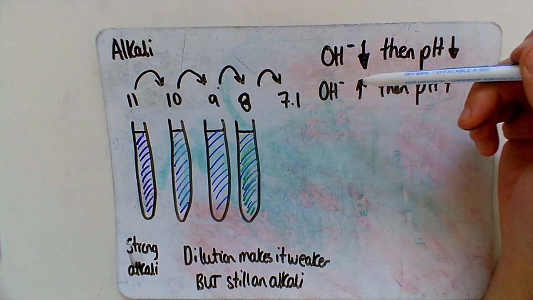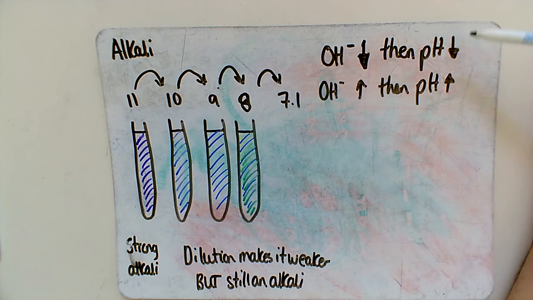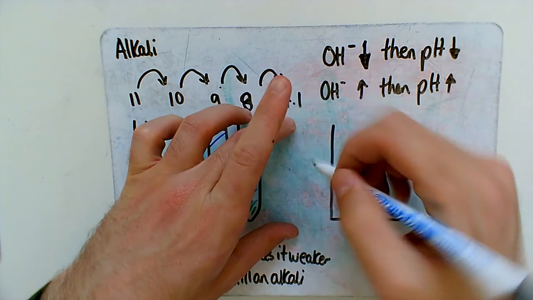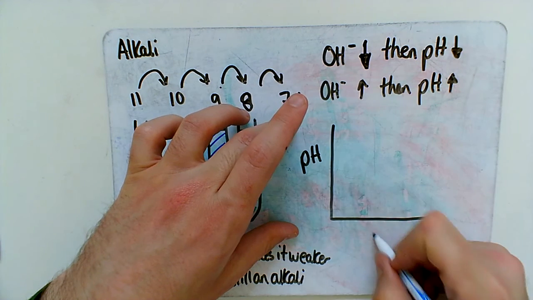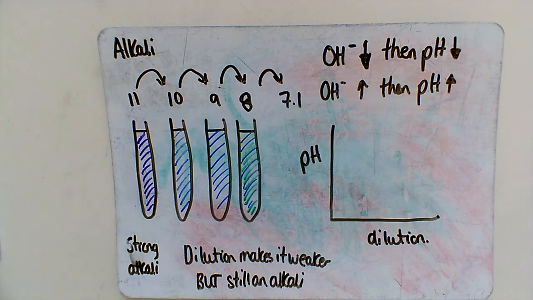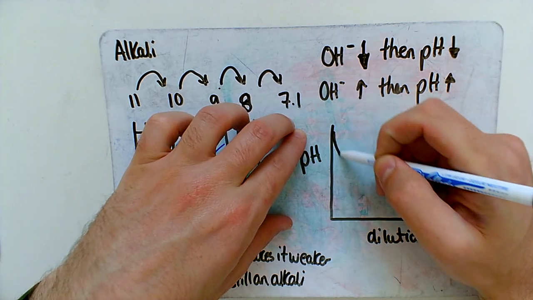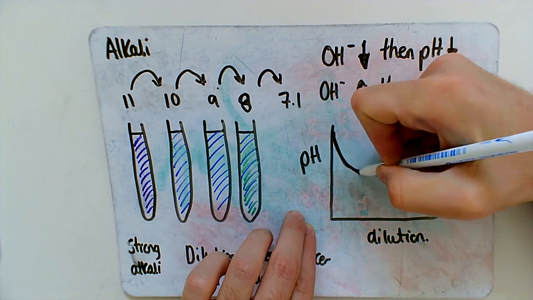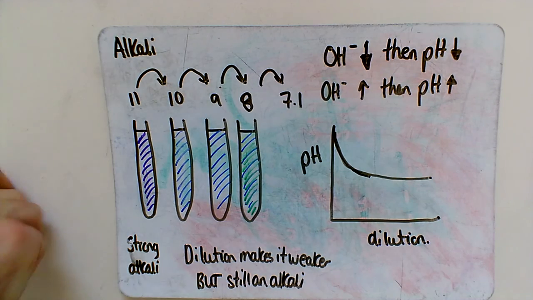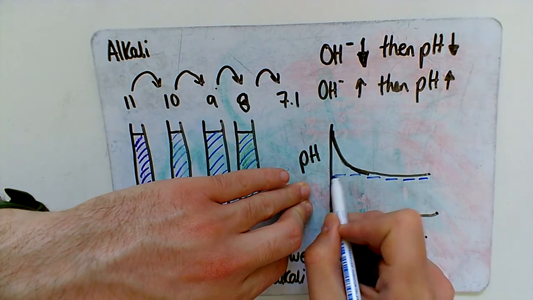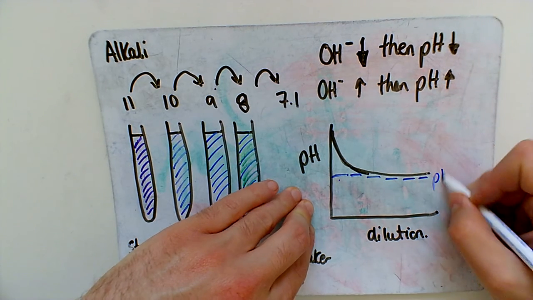So remember, the H plus ion, if it went down, then pH went up. But the hydroxide ion, if it goes down, then the pH goes down. And if we plot a graph of dilution for an alkali, we would see it's starting high, same shape graph, but it would curve down, like that, and again we would have a horizontal line that it never touches, and that would be pH 7.